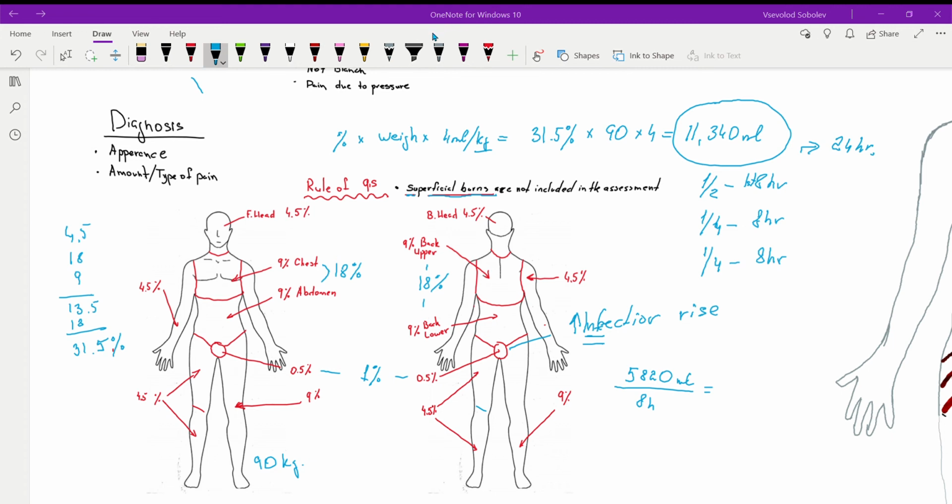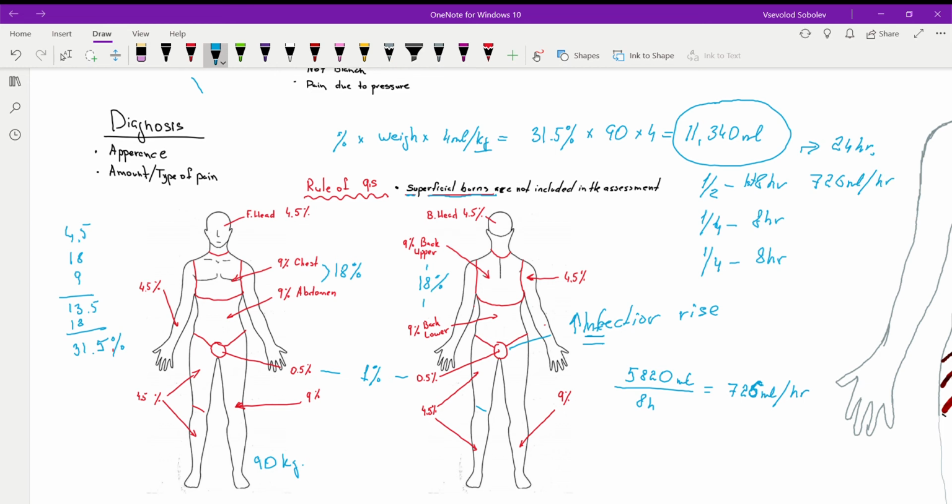So you get 508.20 divided by 8 equals, shoot, that's a lot, 725 milliliters per hour. Well, let's round it up. And then you infuse at this rate here.